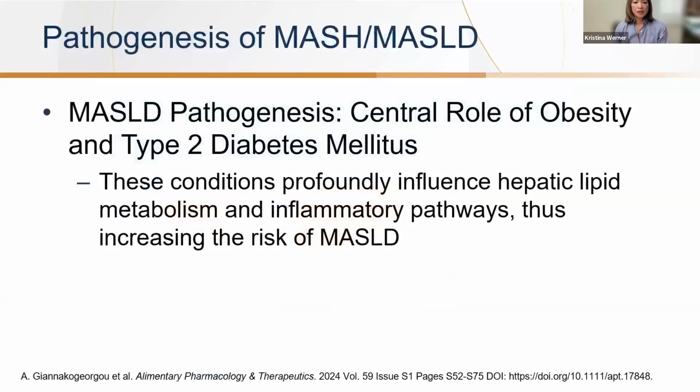So again, MASLD pathogenesis is multifactorial. The disease progresses through stages from steatosis to steatohepatitis, or MASH, fibrosis to cirrhosis, and possibly cancer via a variety of molecular, metabolic, immune, and environmental hits. Now, rather than a single cause, MASLD is understood via multiple simultaneous or sequential hits contributing to pathogenesis.